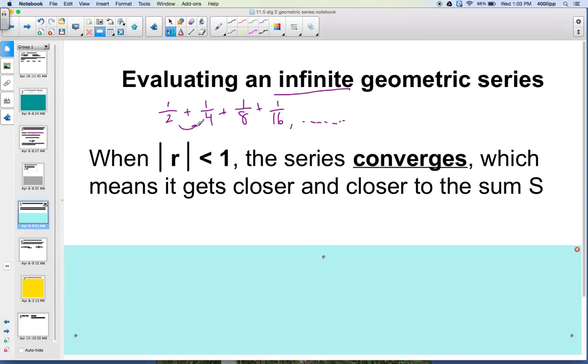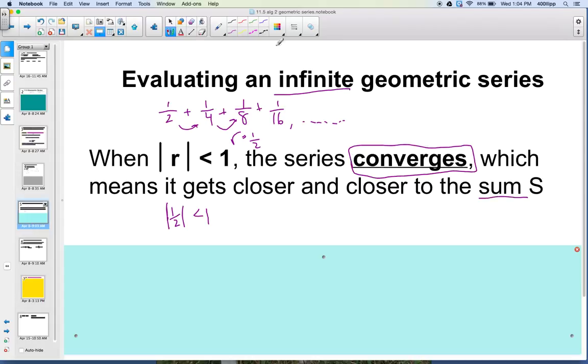The common ratio r, to get to the next term, we keep multiplying by 1/2. Half times half is a fourth, a fourth times a half is an eighth, and so on. So our common ratio r is 1/2, and that is less than 1, so therefore it will converge. And we're going to find out how to find what the sum would be.